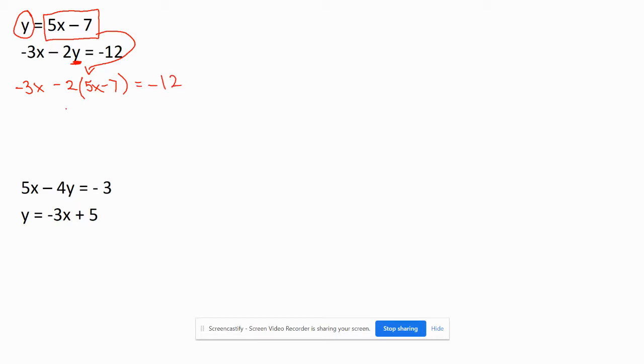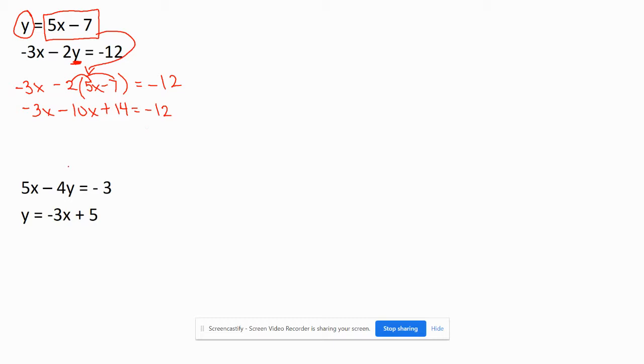And we'll solve this by first distributing this negative 2 into the parentheses. That would be negative 3x, and this will now be minus 10x plus 14 equals negative 12.